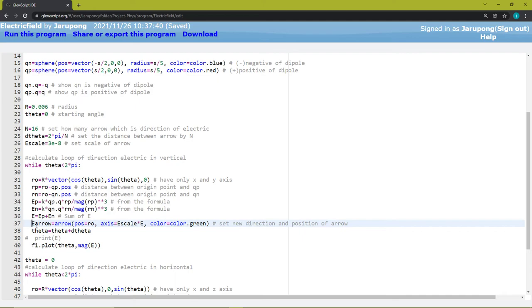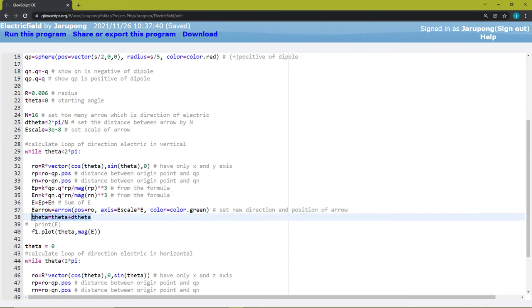Use the E arrow to represent the direction of the electric field, and theta will increase more and more. Then we plot the graph for the magnitude of E and theta.